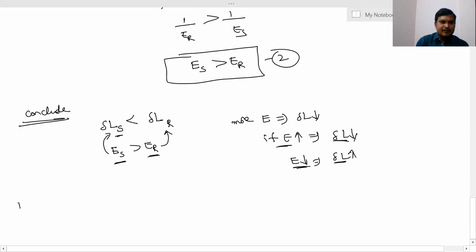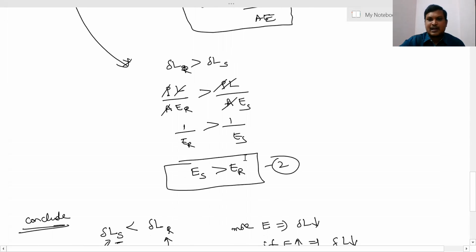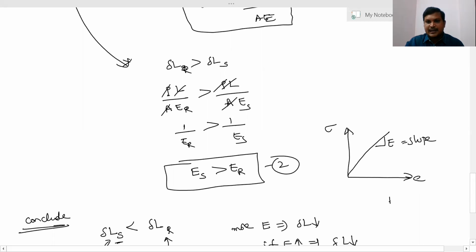So now the physical meaning. From the stress strain diagram, this is strain and this is stress. This is the slope. So here E, the Young's modulus, is nothing but the slope. So higher E means higher slope.